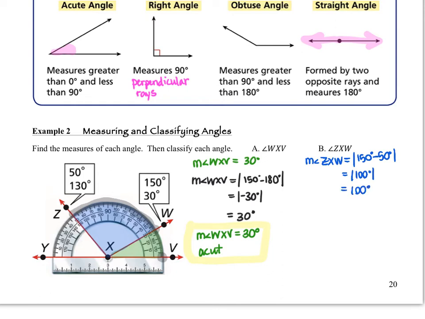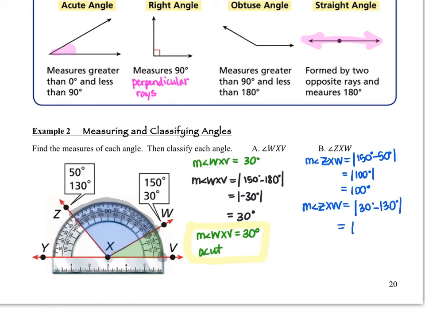We said that we would also be able to do this on the inner ring of the protractor, so let's take a look at that. That's going to go from 30 degrees to 130 degrees. So the measure of angle ZXW can also be the absolute value of the difference between 130 degrees and 30 degrees.